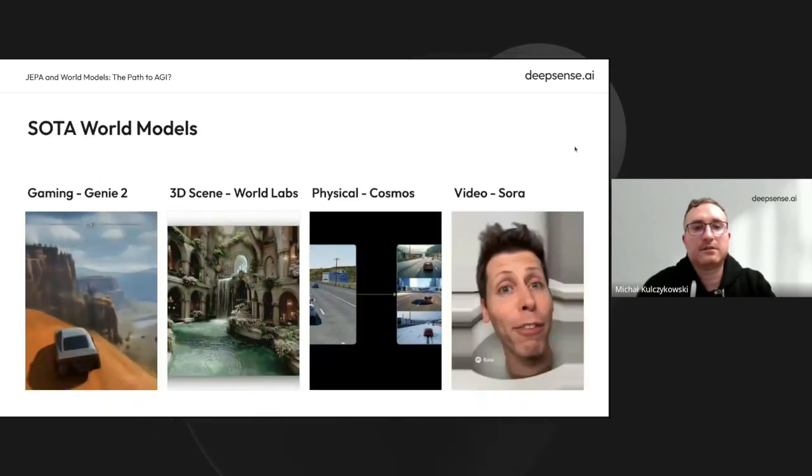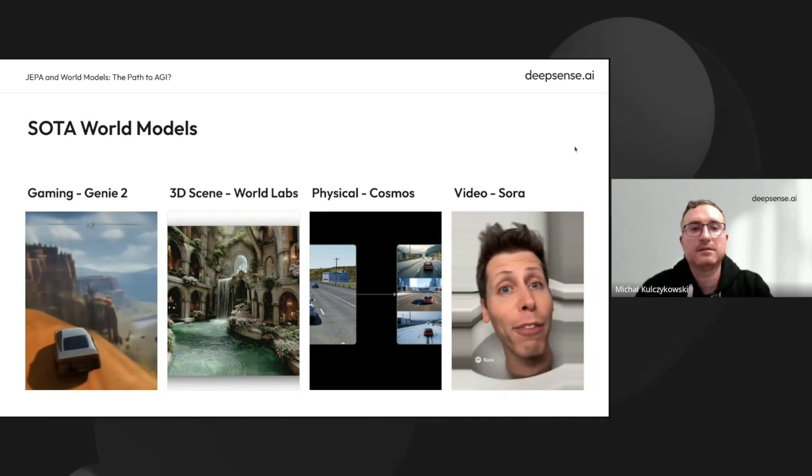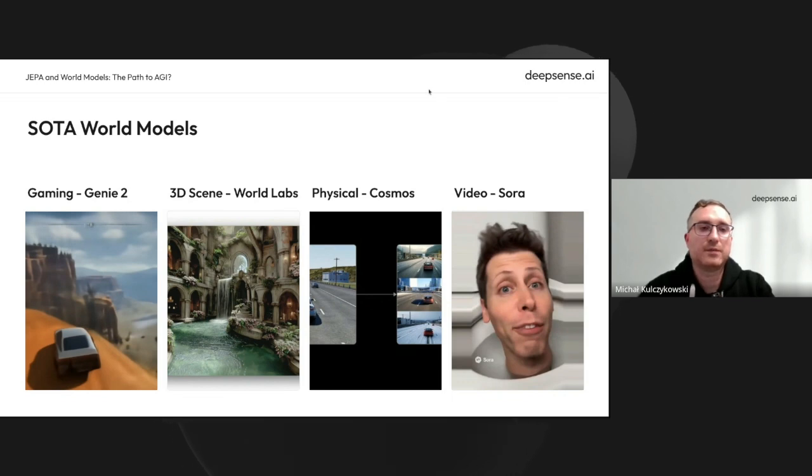World models are not a new concept. It's a concept that dates back to the 1950s in neuroscience, but has been greatly researched in the realm of reinforcement learning throughout the years. But what is important is that the scaling of data and compute propelled world models to the forefront of AI research.